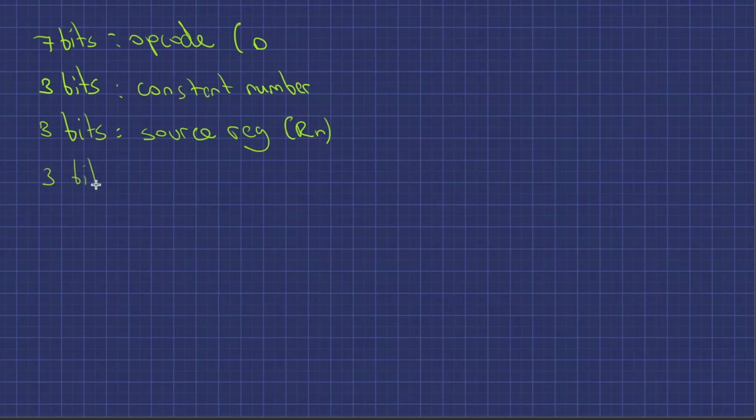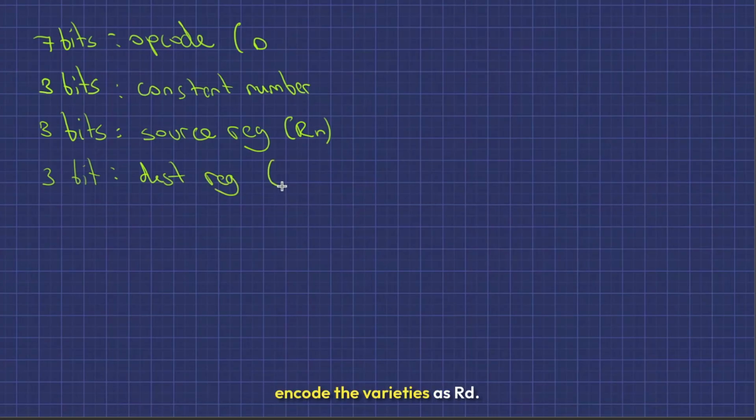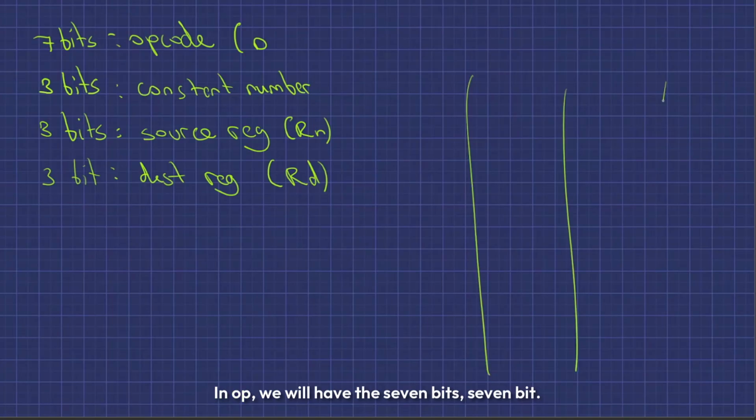To speak more correctly, we will use 3 bits for the destination register, and in code we will write this as RD, D for destination. So in the op we will have 7 bits.